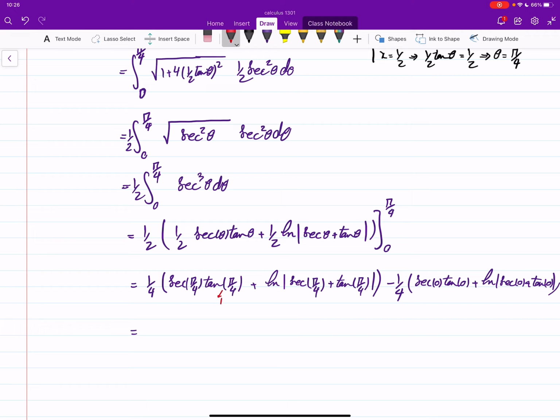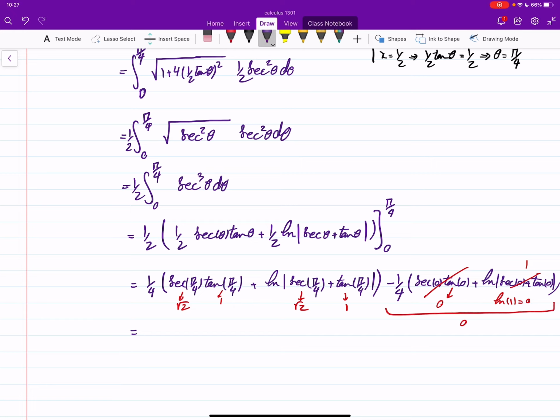Secant of pi over 4 is 1 over cosine of pi over 4, which is 1 over root 2 over 2, which will simplify to root 2. Here's root 2, this is 1, and here is 0, so this will go away. This is 0, so that is just 1. Ln of 1 is 0. So the second part is completely 0.